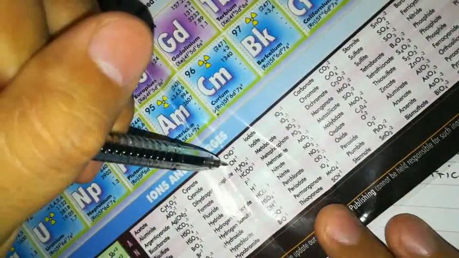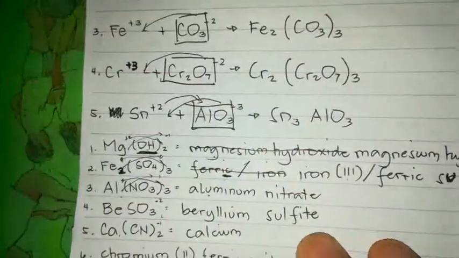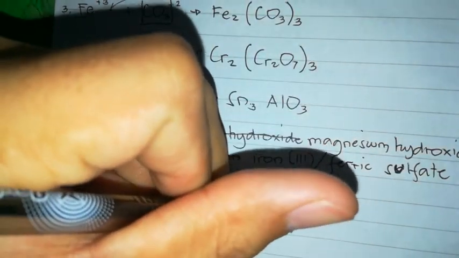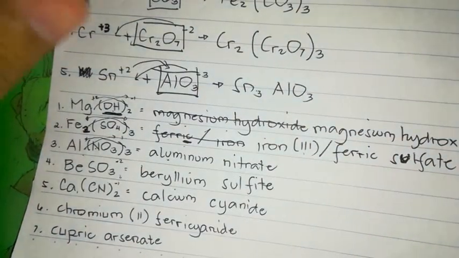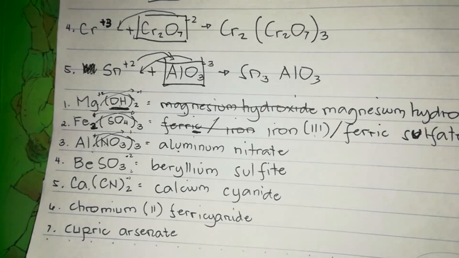So, si CN na may negative 1 na charge, ang pangalan niya ay cyanide. So, this is calcium cyanide. Lagi po nating i-check ang periodic table natin kapag yung ating metal or yung first element is a fixed charge or has a variable charge.